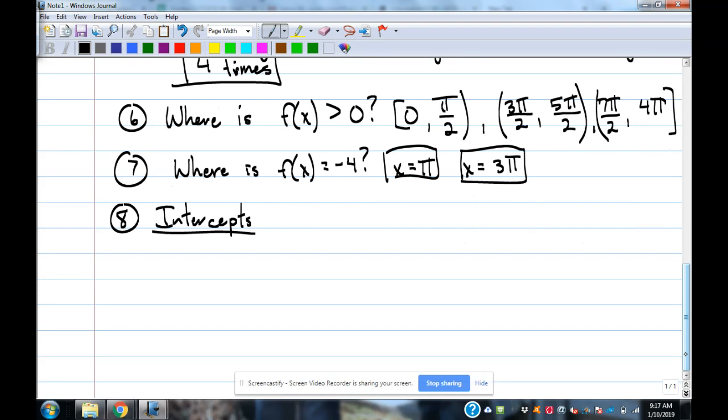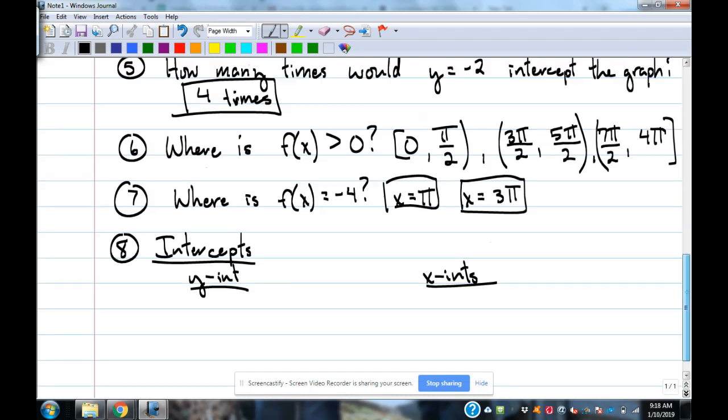Those are the kind of intercepts we've been finding since we were in Algebra 1, or probably 7th and 8th grade. You do X and Y intercepts for lines as well. So we've been doing X and Y intercepts for a long time. That's the only kind of intercepts we have when we're talking about just a function. You can have X intercepts, you can have Y intercepts. So we need to find all of those. When it asks for intercepts, let's find the Y intercepts or intercept and the X intercepts.